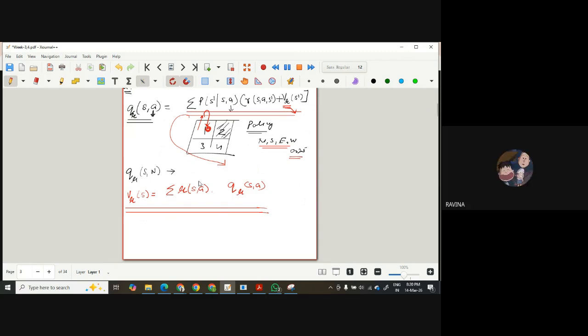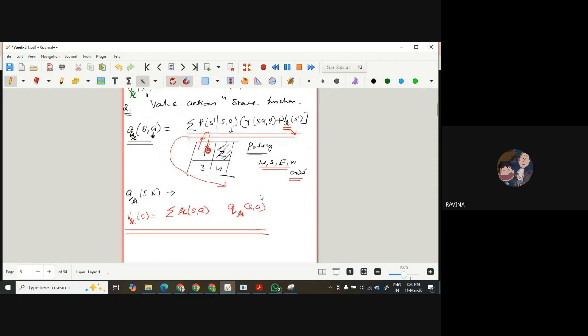Sir, after this designated action, would we be adding the pi also or not? There is no pi in the Q pi, but when I calculate this, I will consider all S primes. S prime can be this, this, or this, coming back. So I'll consider all 4 actions if it is stochastic.